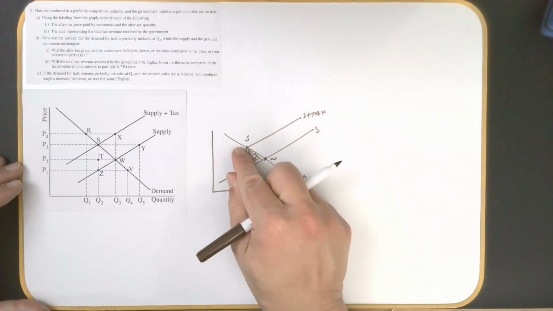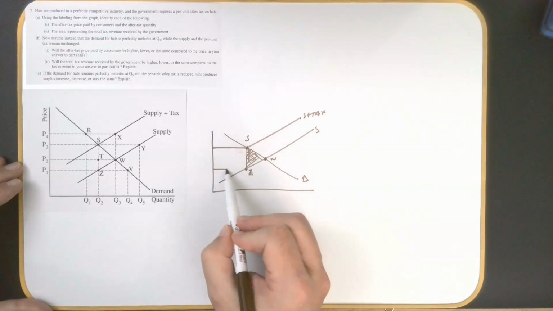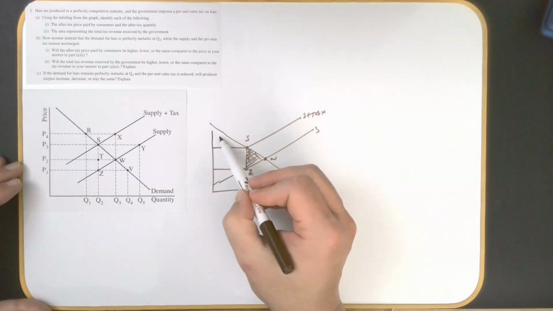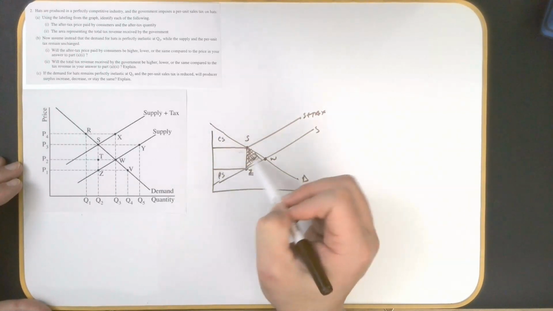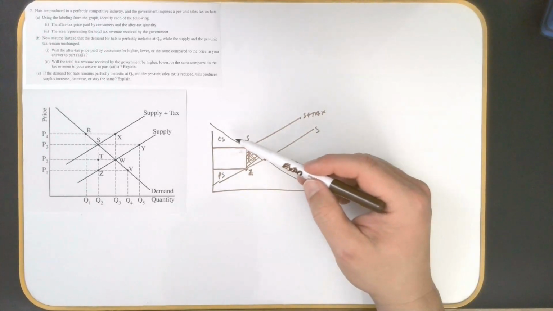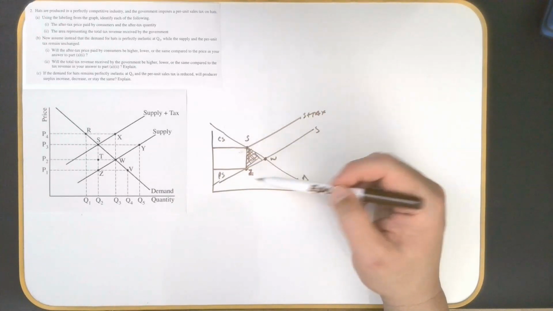And if I get this out of the way, and we make our tax revenue boxes right there, and I'll go ahead and extend those. Here's our consumer surplus, our producer surplus, our tax revenue. Let's see, we have point R, which doesn't look like we need it here. X, we don't. Y, we don't. V, I think we have everything we need.